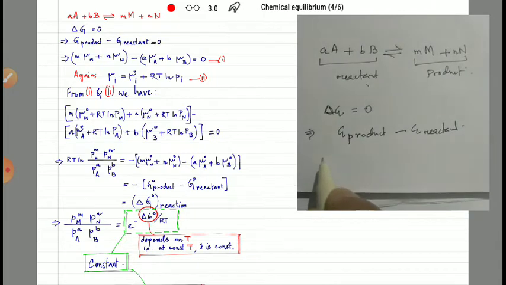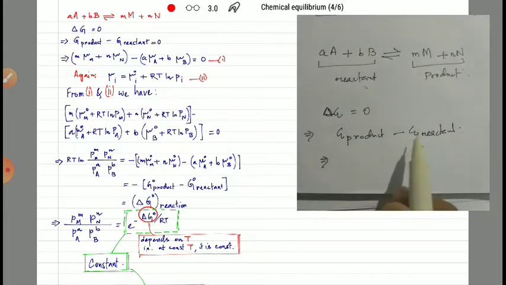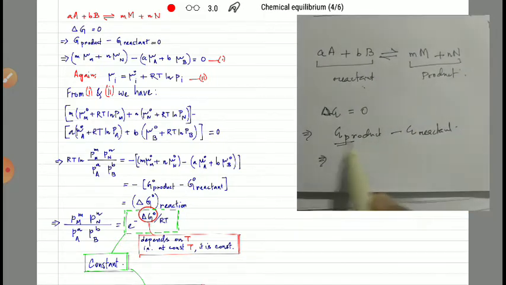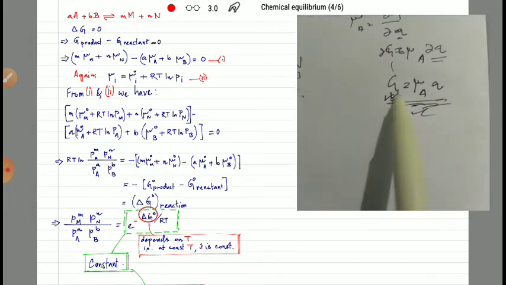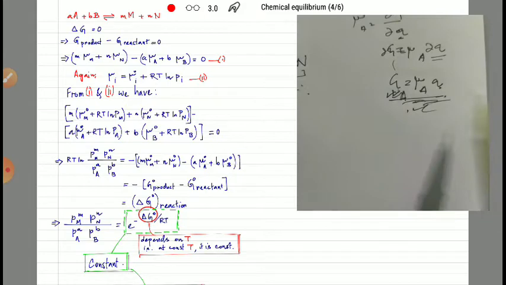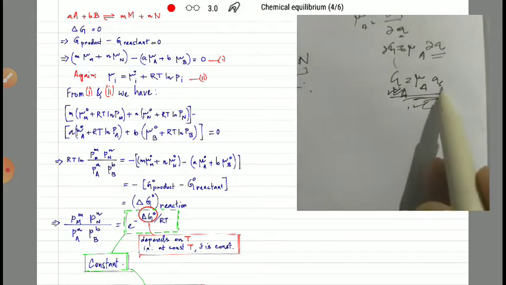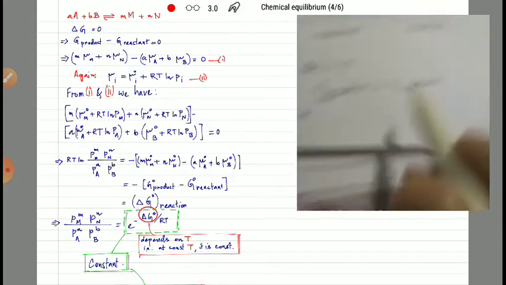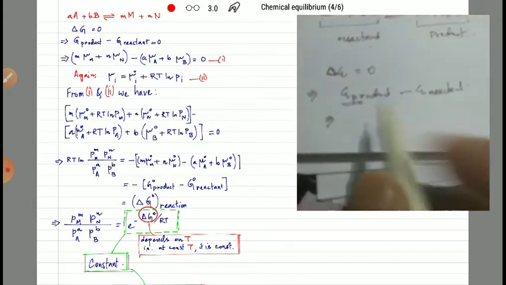Again, G can be written as mu A into A; for A, this is G_A, and G_A is equal to mu A and A. So we can write here for products, two products are there.